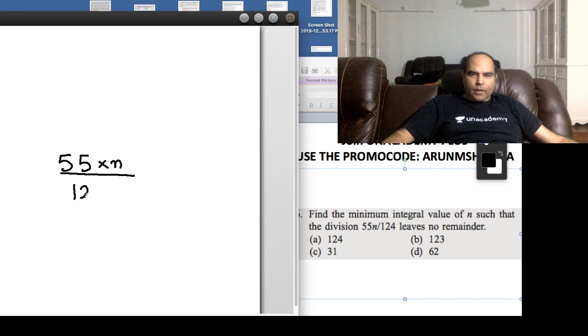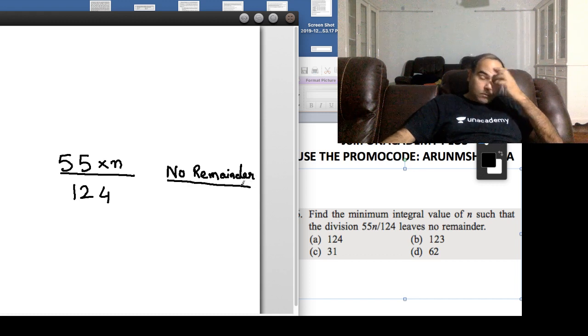And 55 into n divided by 124 has to leave no remainder. Minimum value is 124. So what is the logic behind this? The logic behind this is divisibility. No remainder means divisible. So this has to be divisible by 124.